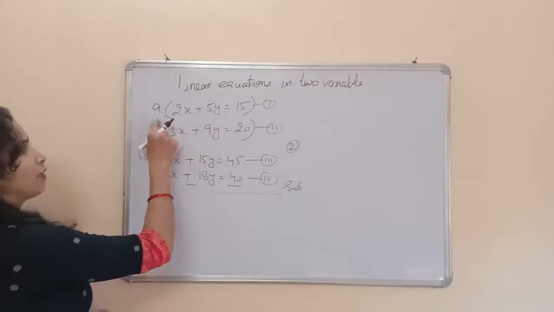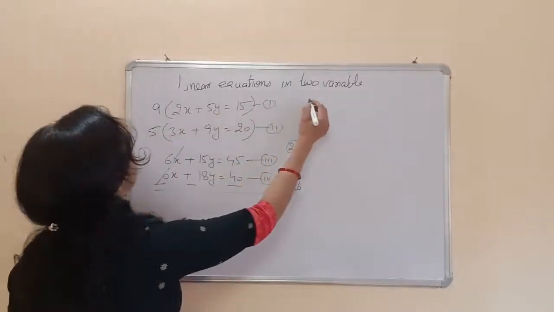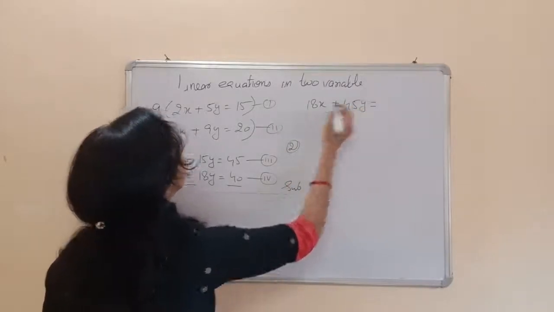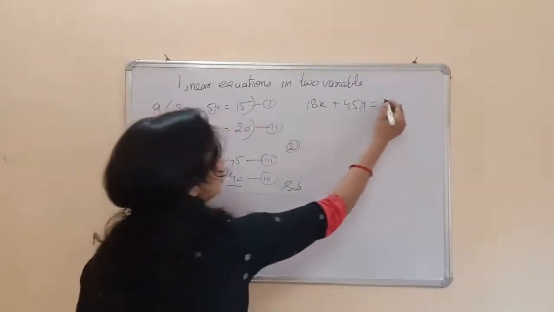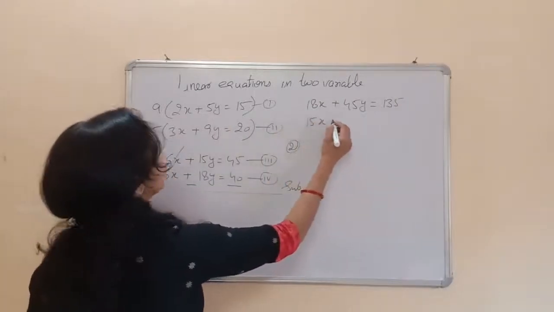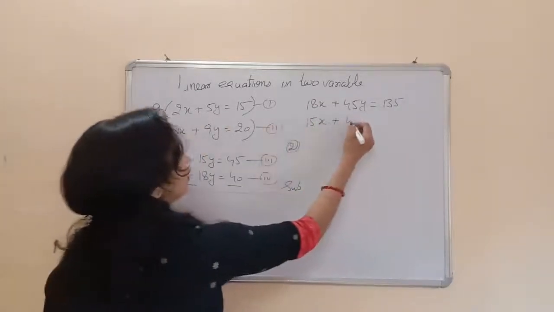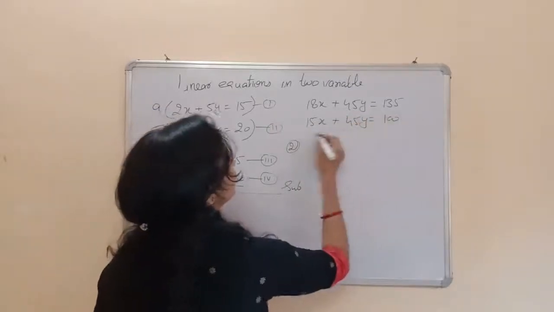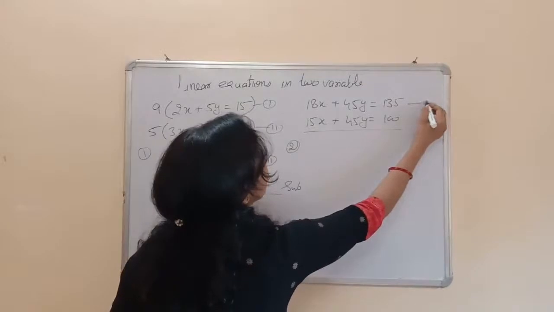Like by multiplying equation 1 by 9, it will become 18x plus 45y is equal to 15 9s are 135, and 3 5s are 15x plus 9 5s are 45y is equal to 100. So these are the third and fourth equations.